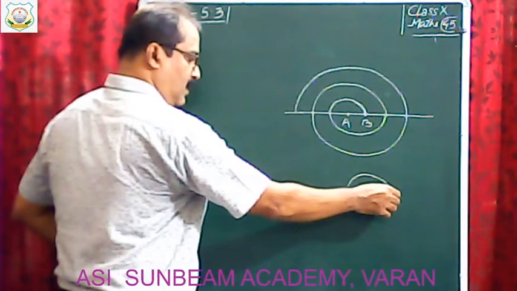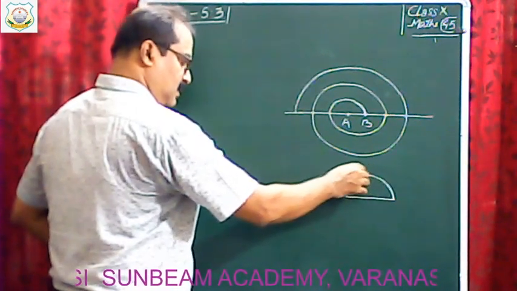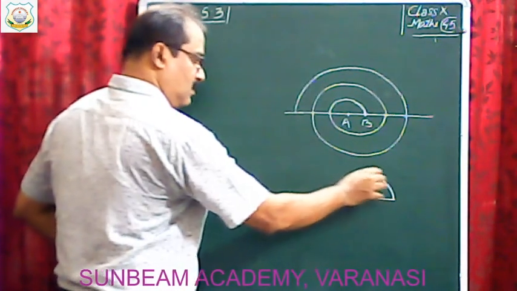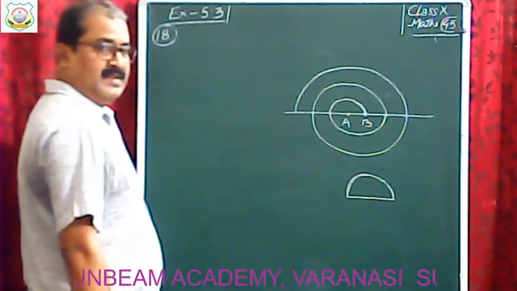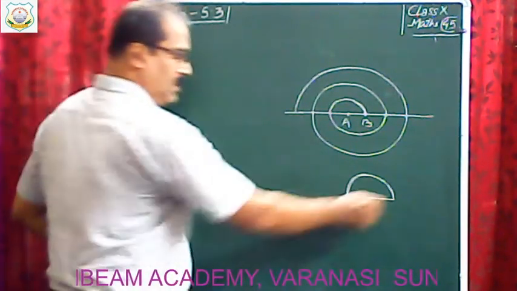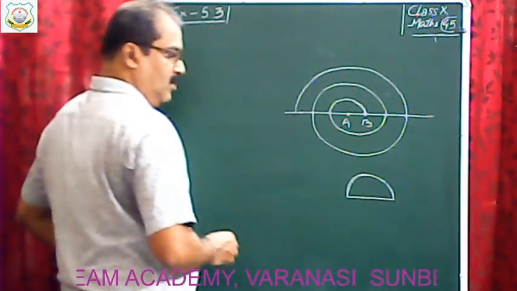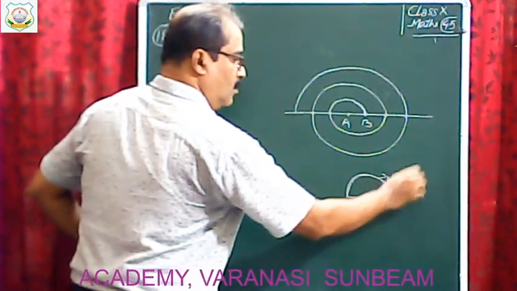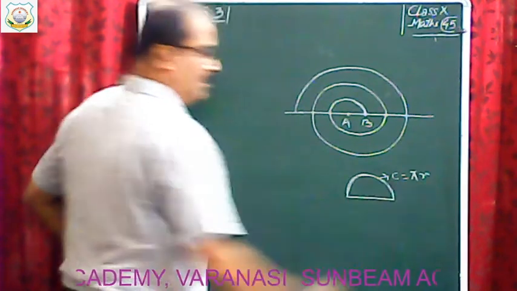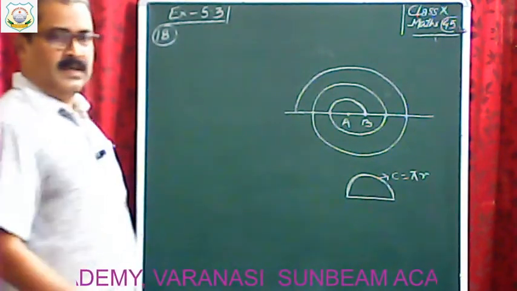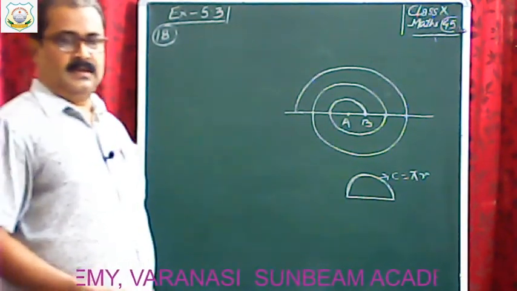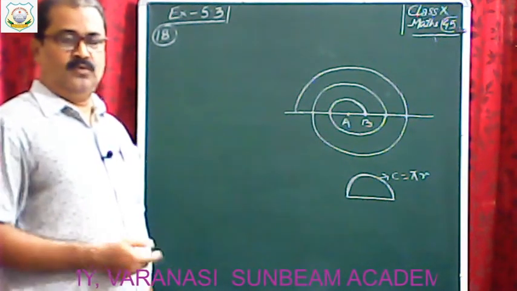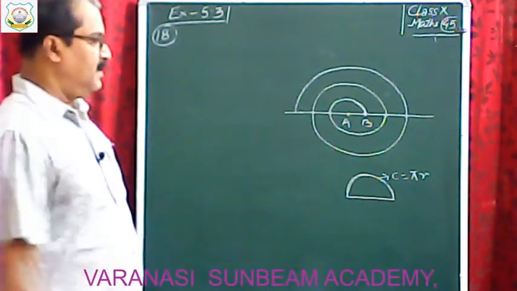So you have to find the length of this semicircle, that is the circumference of the semicircle. Circumference of a circle is 2 pi r, so circumference of a semicircle is 2 pi r by 2, that is pi r.